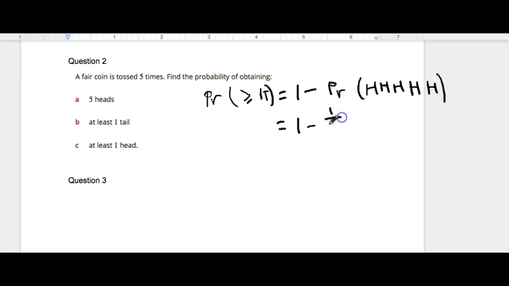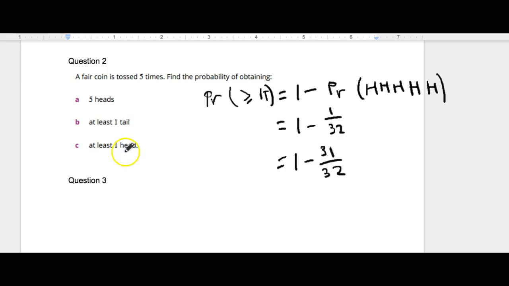So 1 minus 1 over 32, because this is the only option we don't want, and this will include everything else: 5 tails, 4 tails, 3 tails, 2 tails, 1 tail, all the possibilities. Instead of writing them all out, you can say, what don't I want? Well, I don't want 5 heads. So I take that away, because all your probabilities should add up to 1.